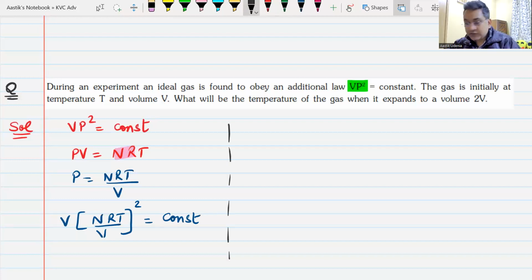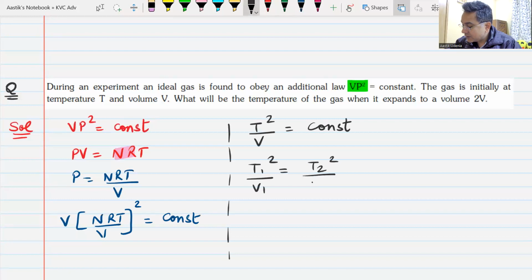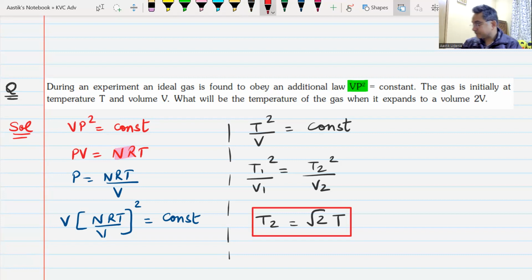It basically means what? N and R are also constant. T square by V is a constant. T1 square by V1 will be equal to T2 square by V2. So the volume becomes 2 times, so the temperature will become... Do we understand how I got this?